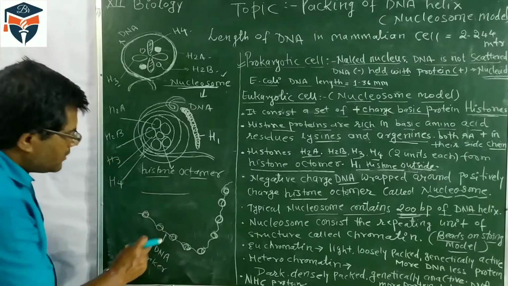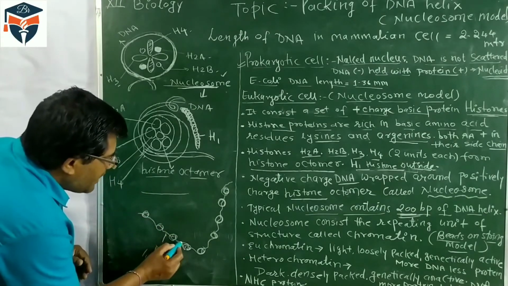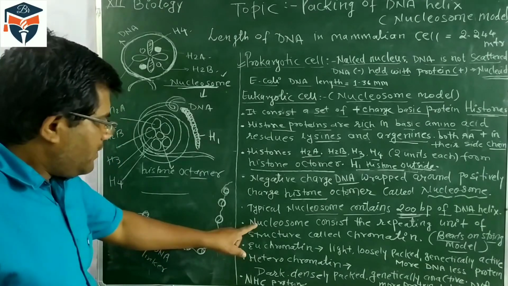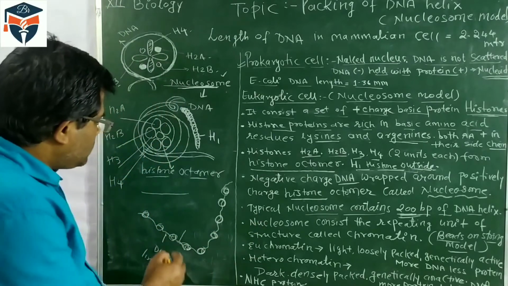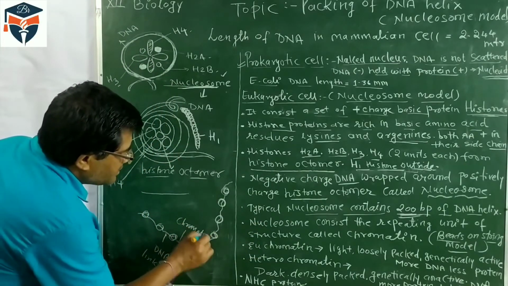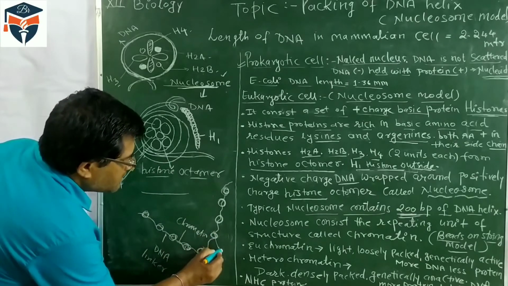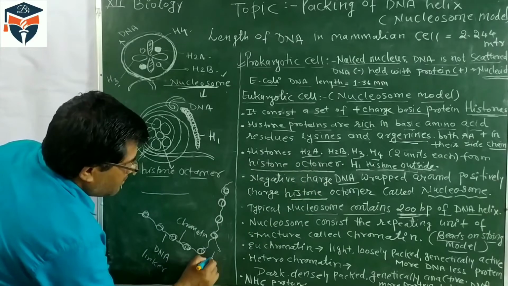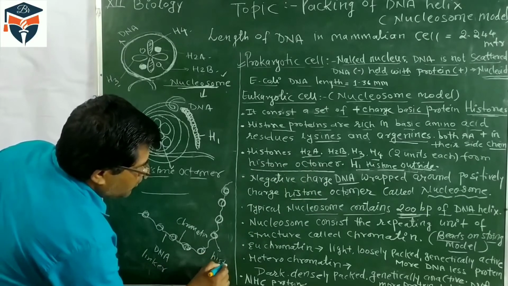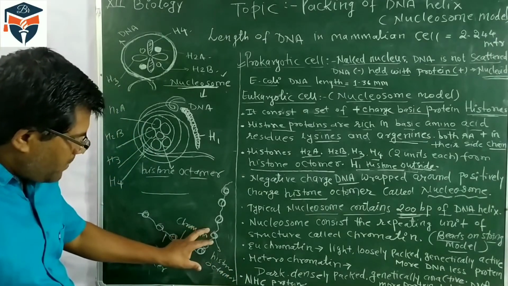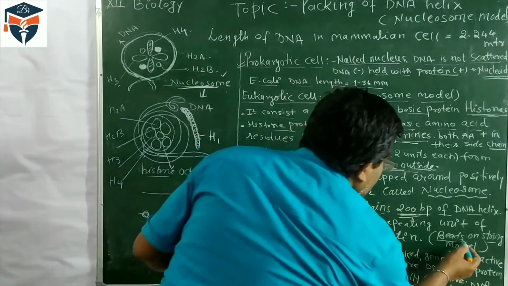This thread-like structure is the chromatin, and this one structure, as I told you, is the histone octamer. So histone octamers are bead-like structures.